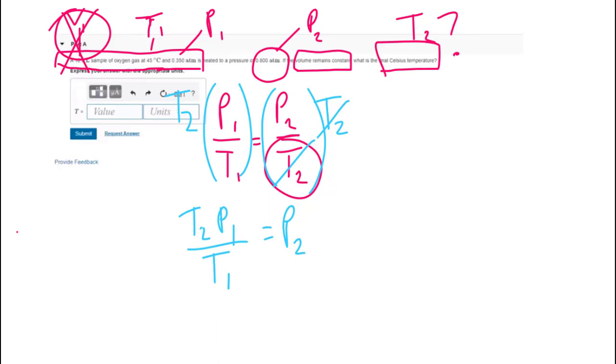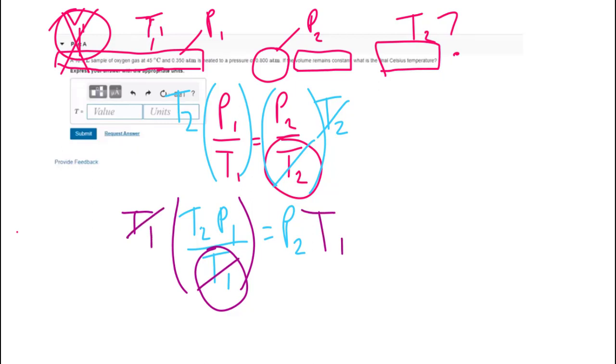Well, that's great and everything, except I don't want to solve for pressure 2. I want to solve for T2, but notice I still have a fraction. I haven't solved getting rid of fractions quite yet. So let's get rid of this fraction on the left-hand side. So to get rid of T1 on the bottom, I have to multiply it on both sides, right? T1. Okay, so that gets rid of T1 on the left.